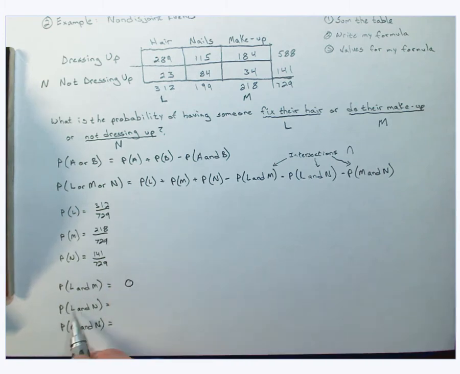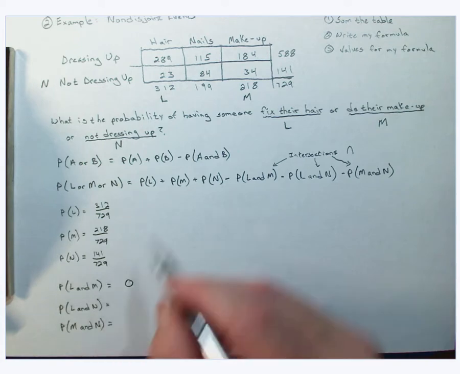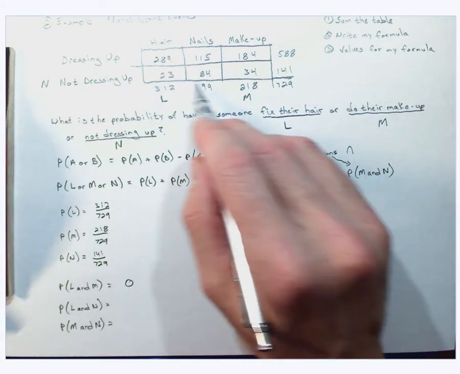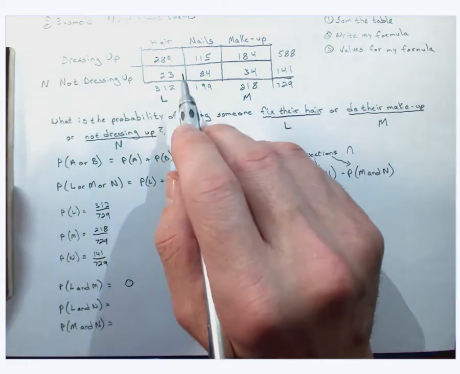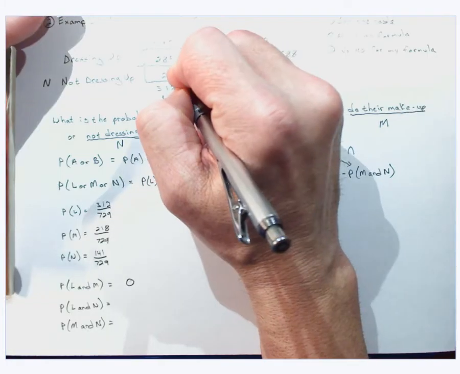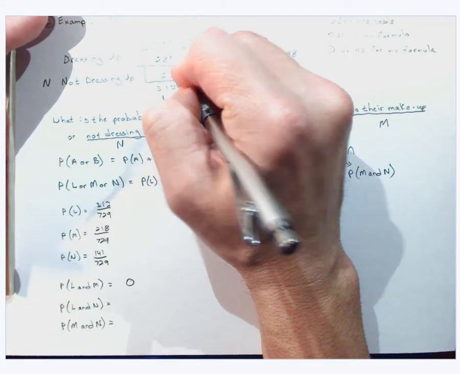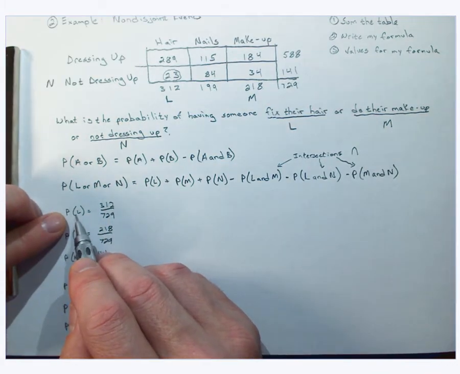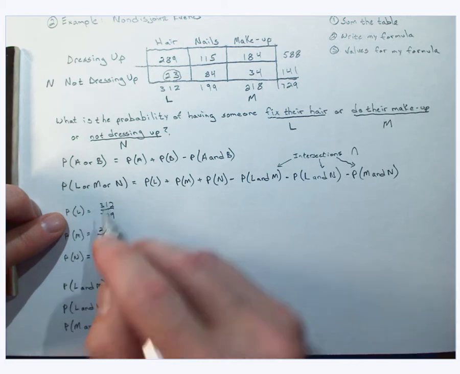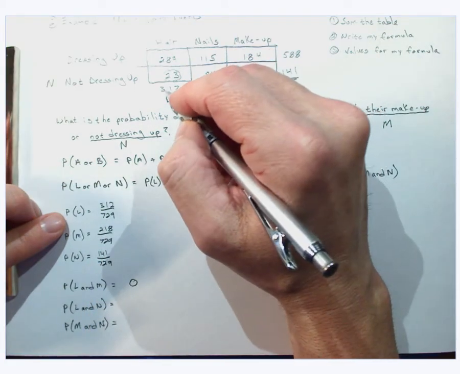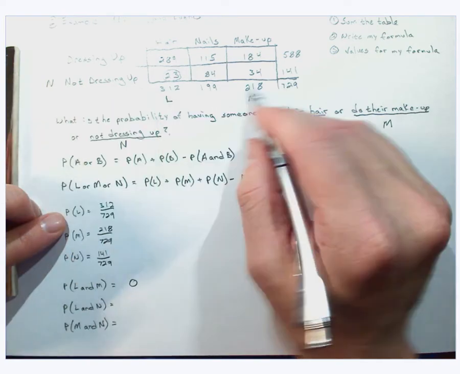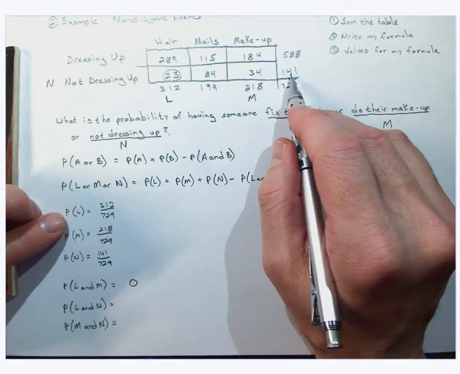Nothing. Now we'll look at L and N. This is L. L is hair. N is not dressing up. This number right here, was it used whenever I found my probability of L? Yes, that's part of my total. That's part of 312. Was it used whenever I summed up the not dressing up?